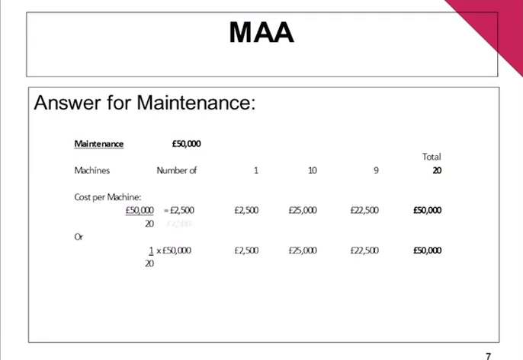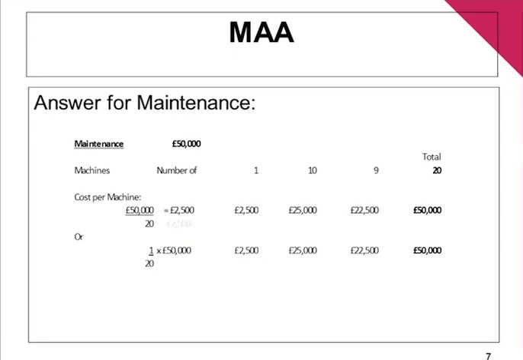Okay, so you can either add the machines up so that we have 20 machines in total, and then we divide the 50,000 by the 20 to give us the cost per machine, how much on average it will cost to maintain. So raw materials is one machine, and that would take 2,500 charge.